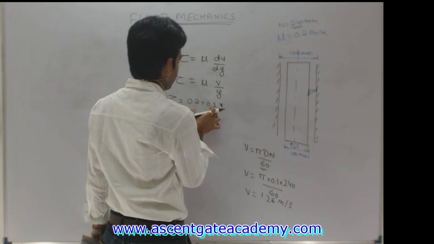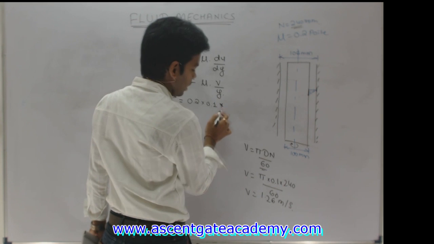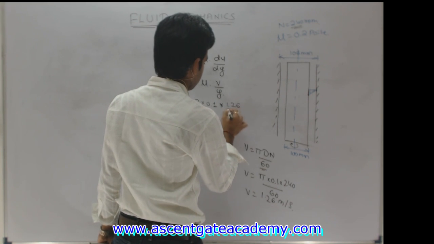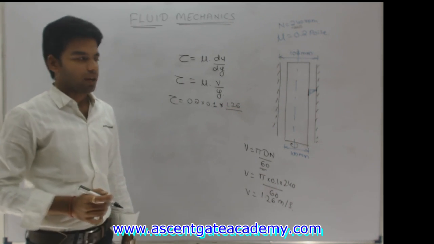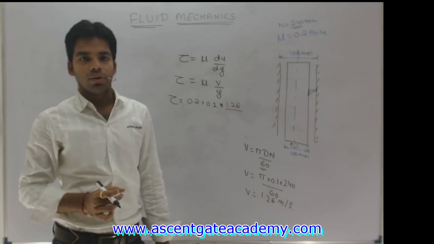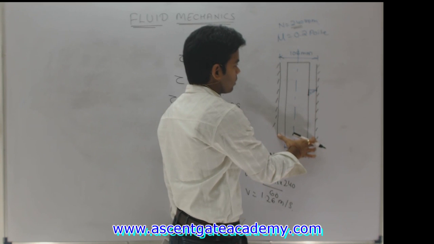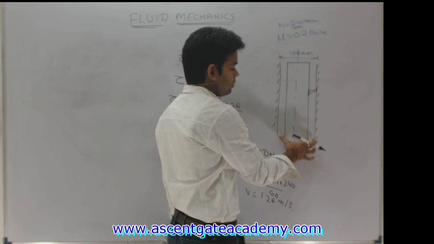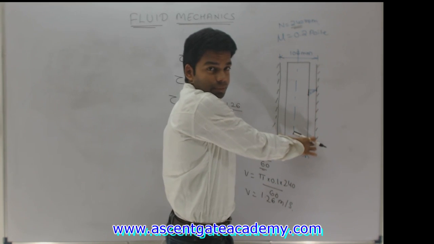Just put the value. This will be equal to 0.02 into 1.26 divided by y. Y is the gap between the shaft and the bearing. What is this gap? The total is 106 mm, this is 100 mm, so the total gap is 6 mm.